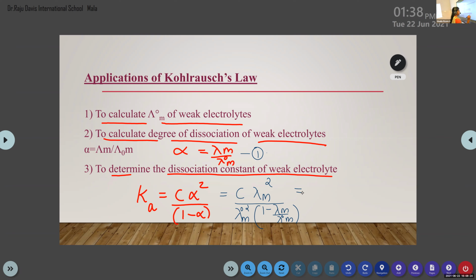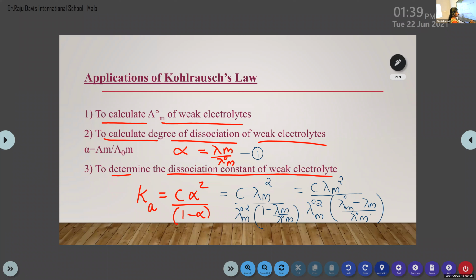Then we can rewrite this equation C lambda m square divided by lambda 0 m square, and here we can cross multiply, lambda 0 m minus lambda m divided by lambda 0 m. Clear? Then we can cancel certain values, right?